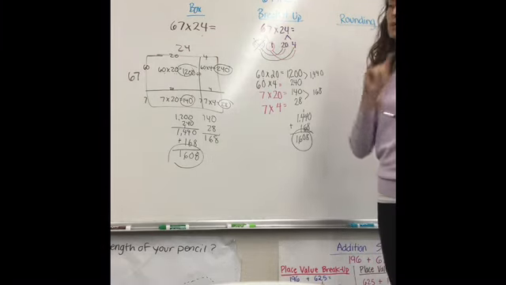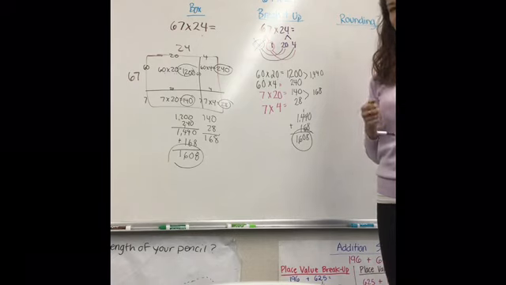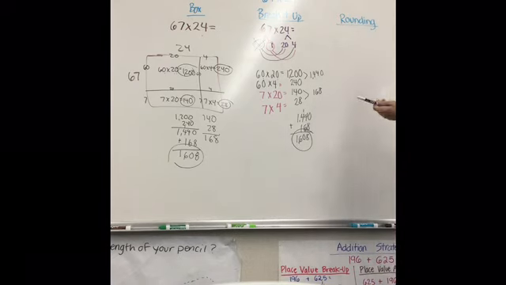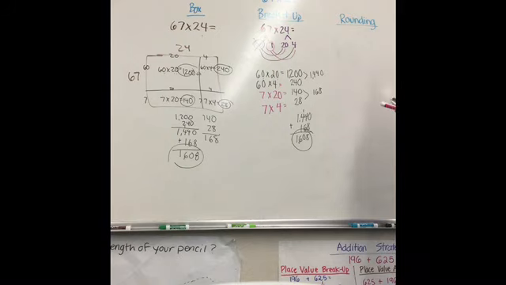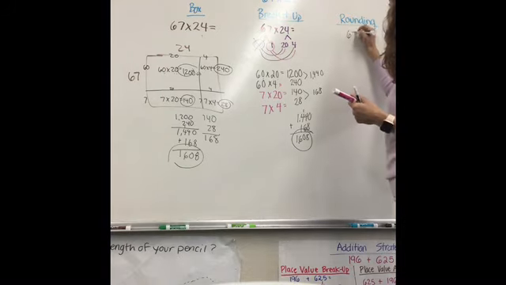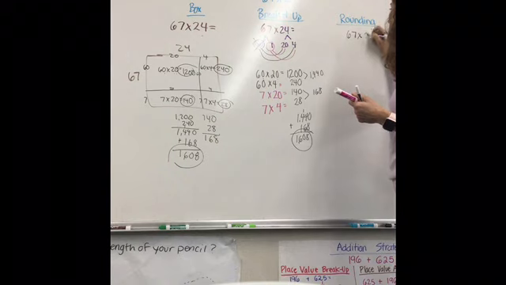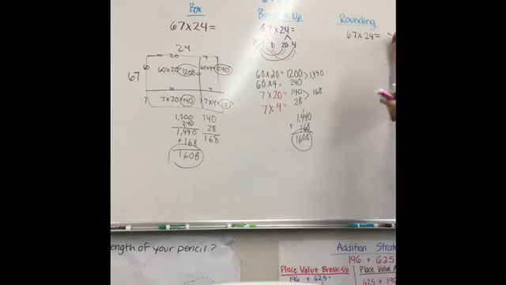When you're done, press pause, do it, and when you're done, press play. Okay, so I'm going to round these numbers and I'm looking at them and I'm like, okay, there's 67 times 24, how can I round this? I think I'm going to round 67 up to 70.